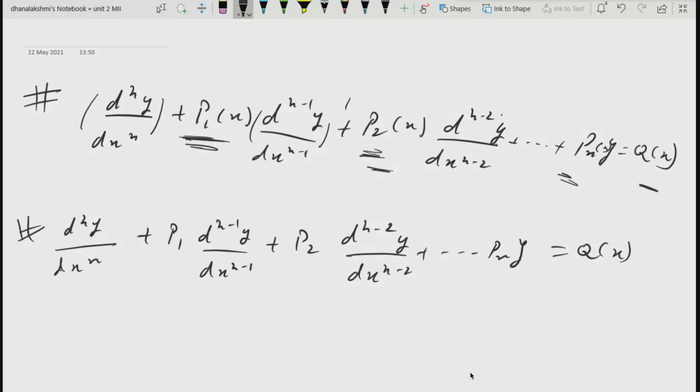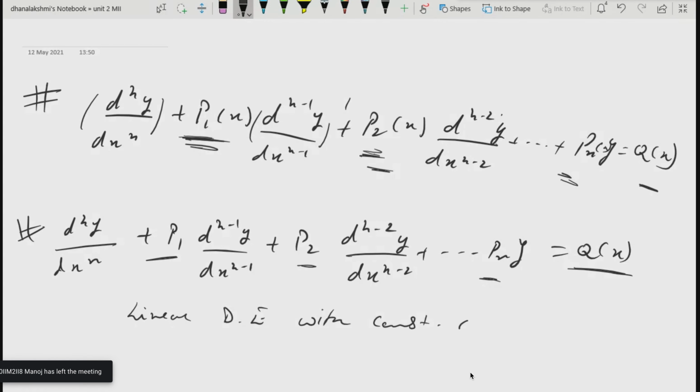It doesn't matter whether q of x is a constant term or a function of x. If all the p values on the left hand side are constant, then the differential equation is called a linear differential equation with constant coefficients.